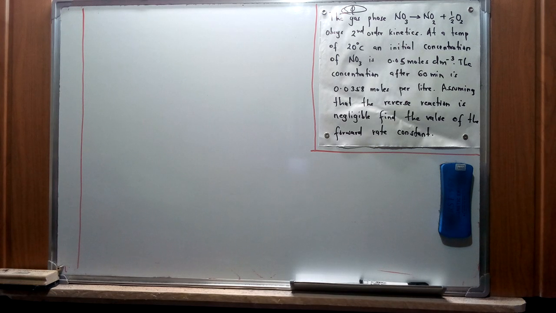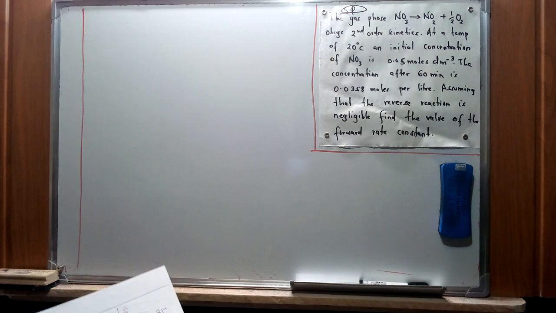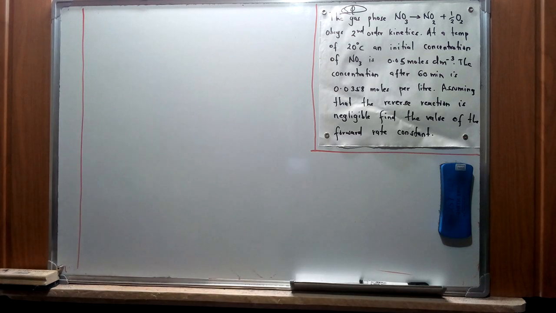The concentration after 60 minutes is 0.358 moles per liter. Moles per liter and decimeter cubed are just about the same. Assuming that the reverse reaction is negligible, find the value of the forward rate constant. So that is the question we're going to use to figure out how to find the value of the forward rate constant.